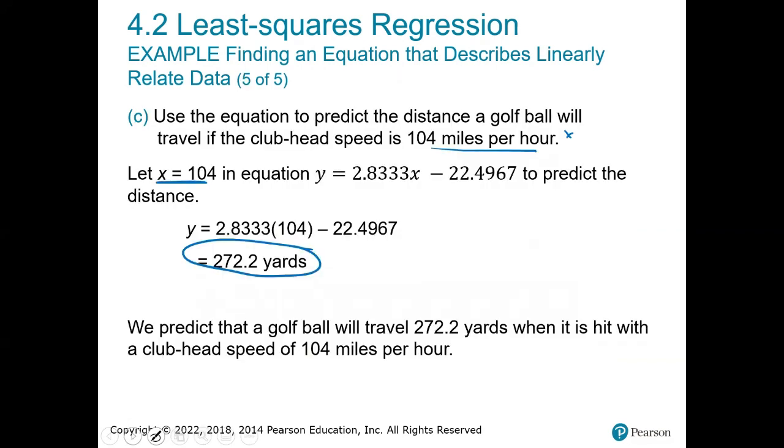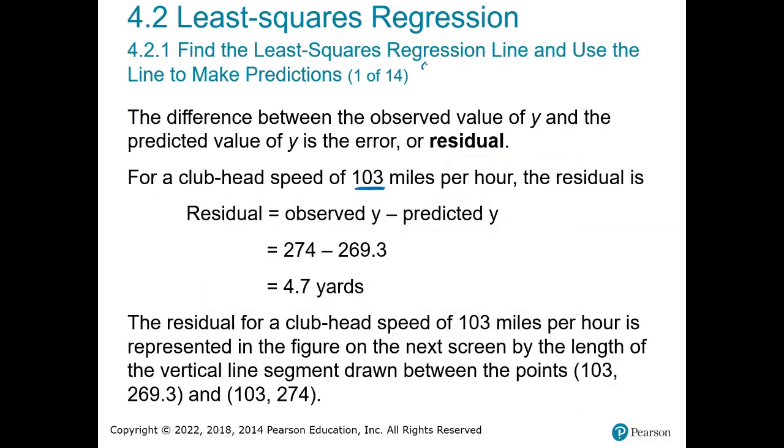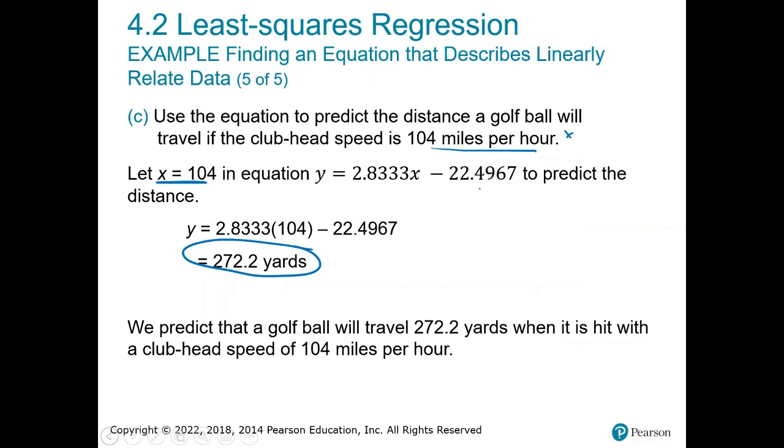So for 103, my observed is 274. My predicted is going to be based off of my equation. So let's say I go back here and plug in 103: 2.8333 times 103 minus 22.44967.